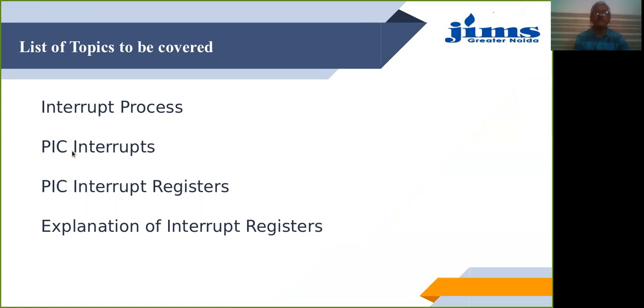Then we see, specific to the PIC series of the controller, what the different interrupts are and how these interrupts are set or noticed. That will be seen through the different registers, and then we take up an explanation of the different registers of the PIC series for the interrupts.